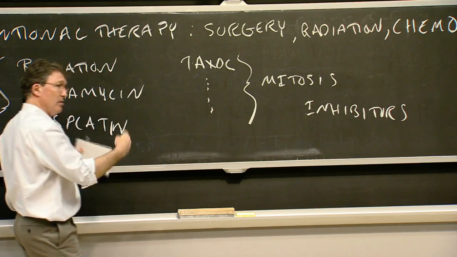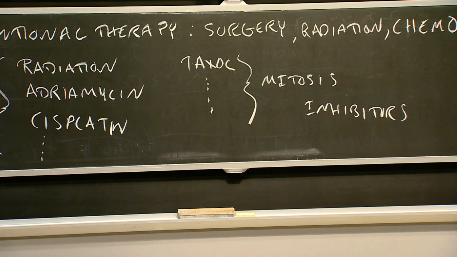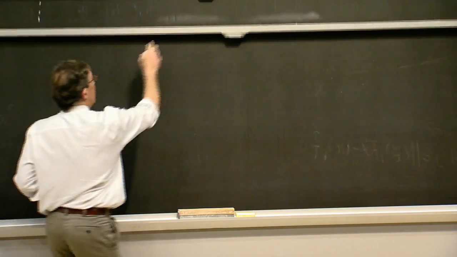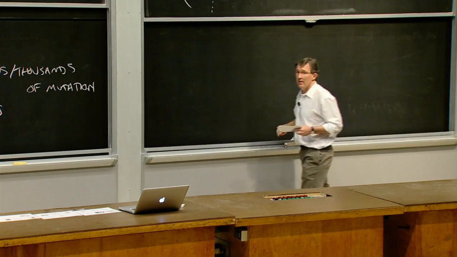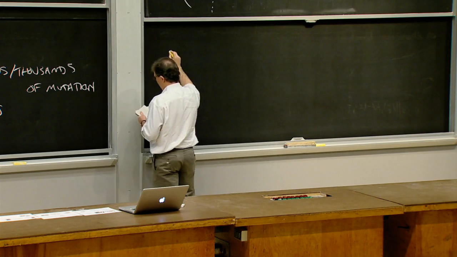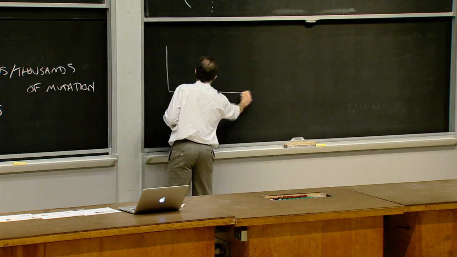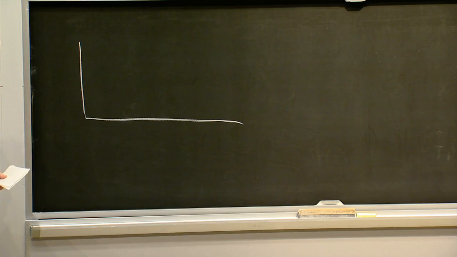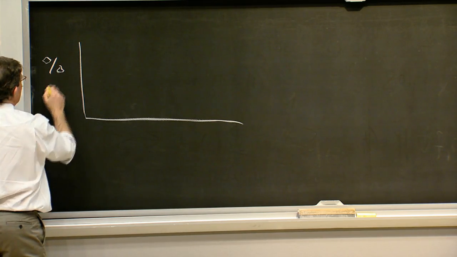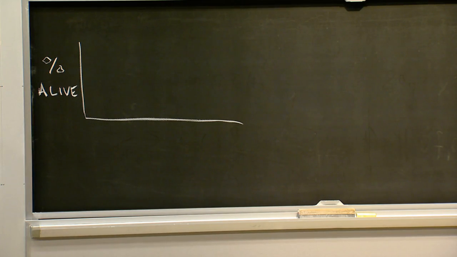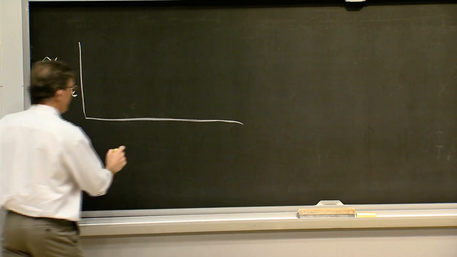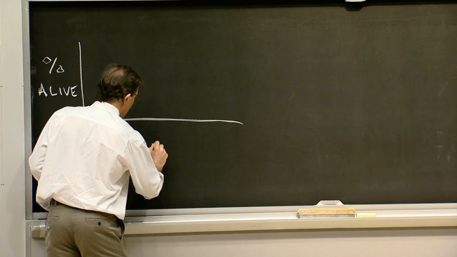And since cancer cells divide a lot and you want to inhibit their division, these drugs are used and can be effective. In fact, they're used because they were tested and shown to be effective first in cell-based studies, where one looks at the growth or survival of cells in a petri dish, scoring the number of cells or the percentage of cells that are alive at any given time or in any given dose of drug.